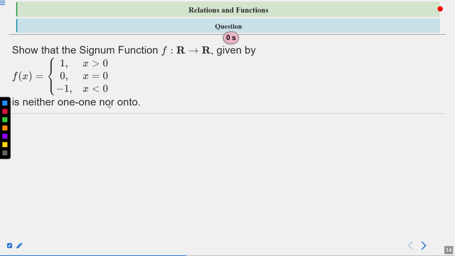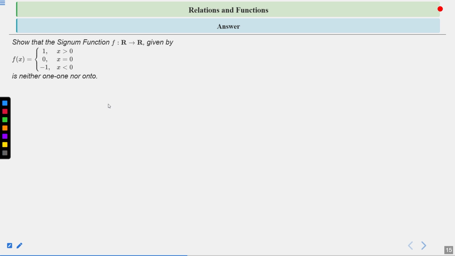The time is up. So we have to show that the given signum function is neither 1-1 nor onto. Solution.